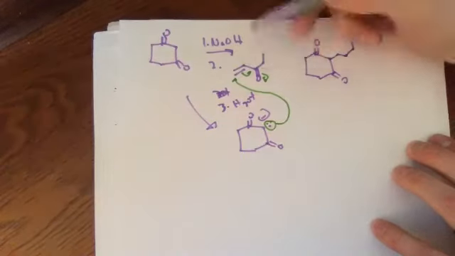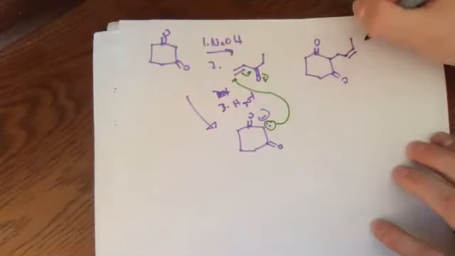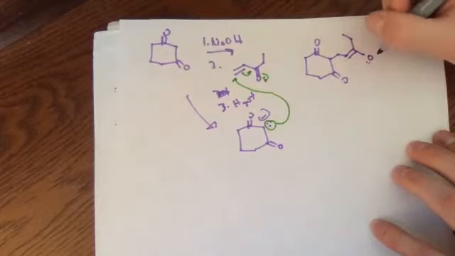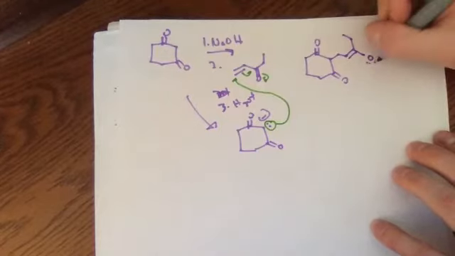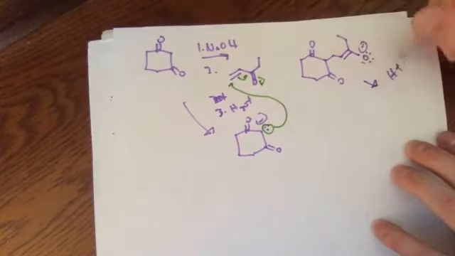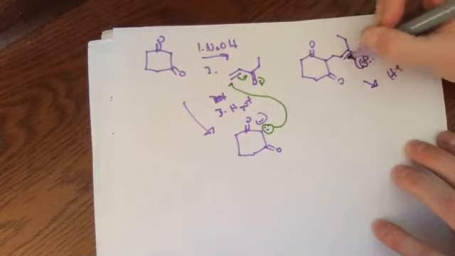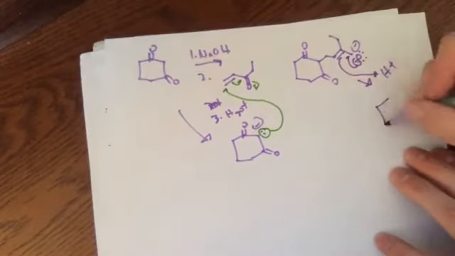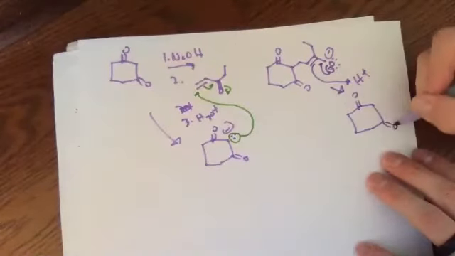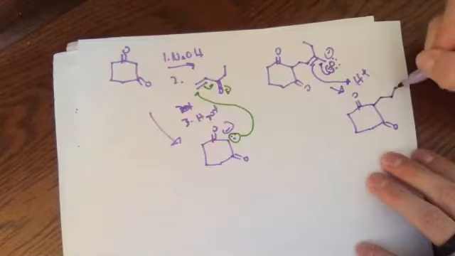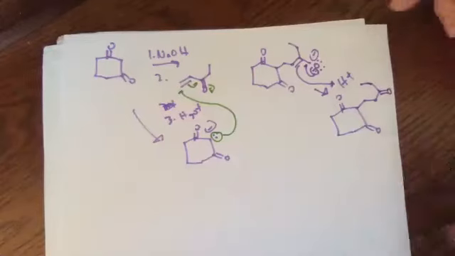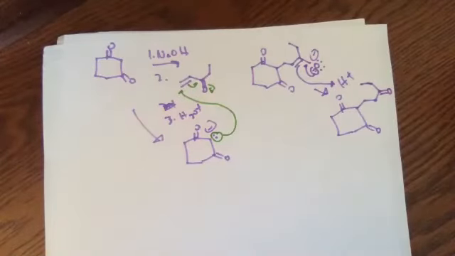So we should have 1, 2, 3, 1, 2. Form the same enolate we've been forming. Adding in H+, our electrons can reform our carbonyl, grab our H+ to give us our product here.